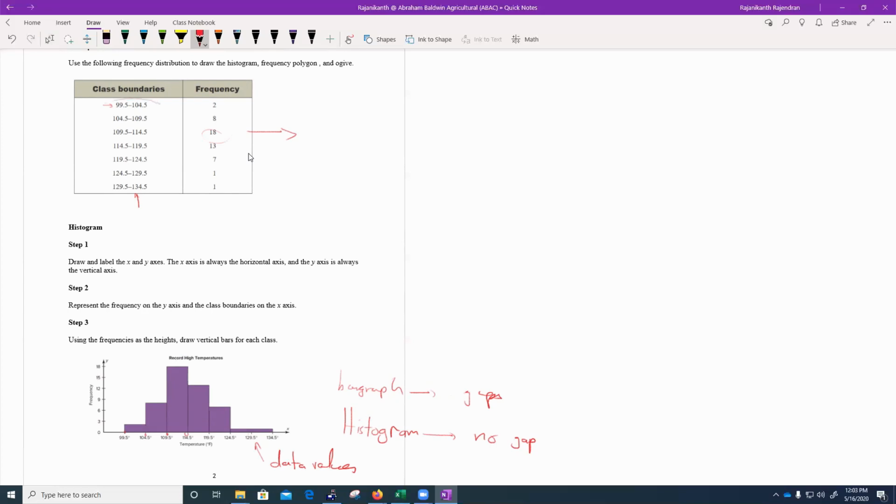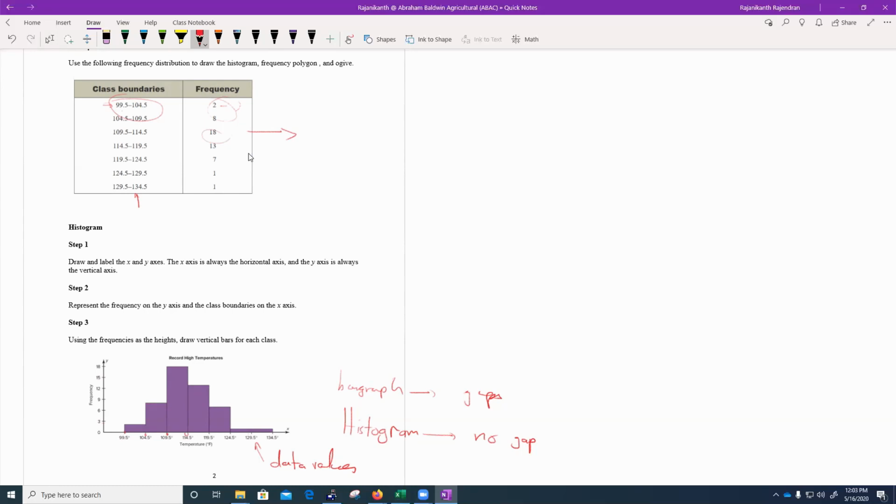My first block says that the value is from 99.5 to 104.5. So I'm drawing the block between 99.5 and 104.5 with the frequency, the y value, as 2. I'm looking at my y value as 2, and I'm just drawing a box. Like that, you can keep on continuing and draw all the blocks according to your class boundaries.